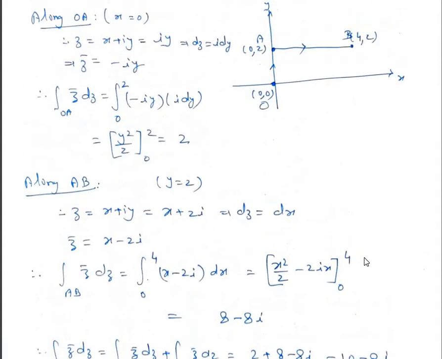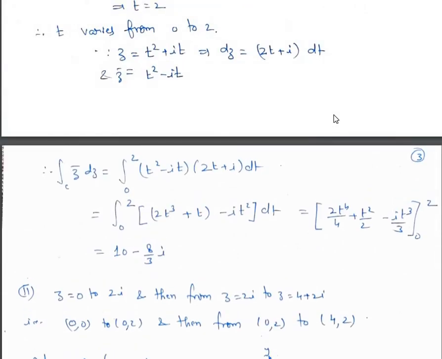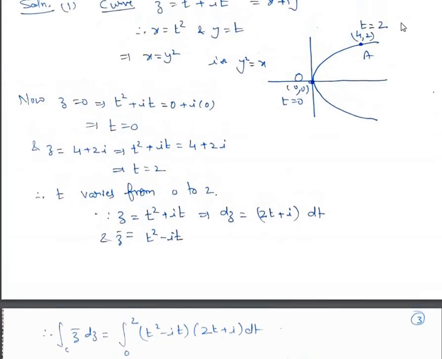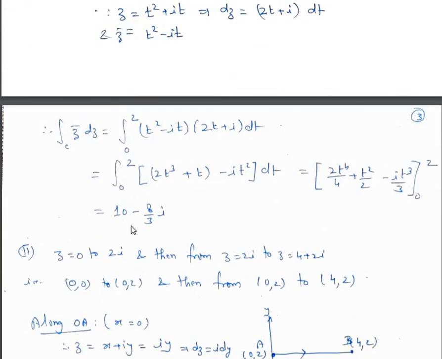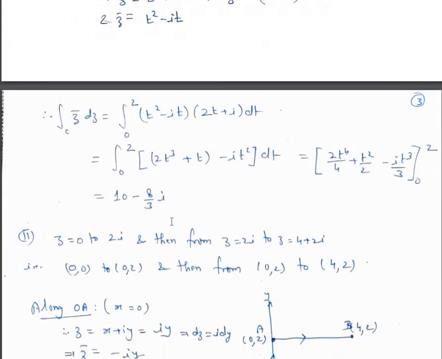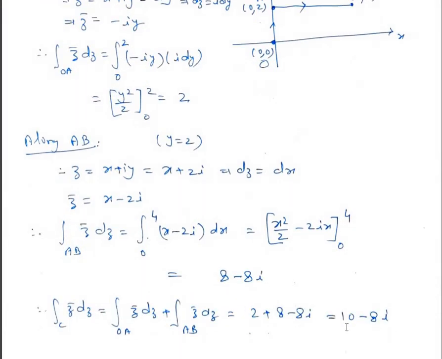Now you can see here that we are going from 0, 0 to 4, 2 in this case, and also in the previous case when we moved along the parabola. But the answer in the previous case is 10 minus 8 upon 3 i, and the answer in the second case is 10 minus 8i. So the answers are different.